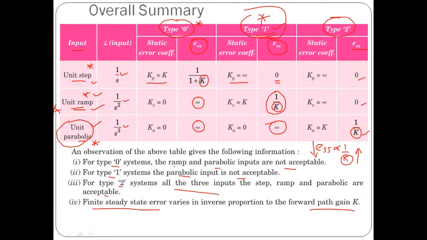The moment you increase K, without doing anything else, the steady state error goes on reducing. This is very, very important. Based on this, you may have various theoretical as well as conceptual questions in the GATE exam.